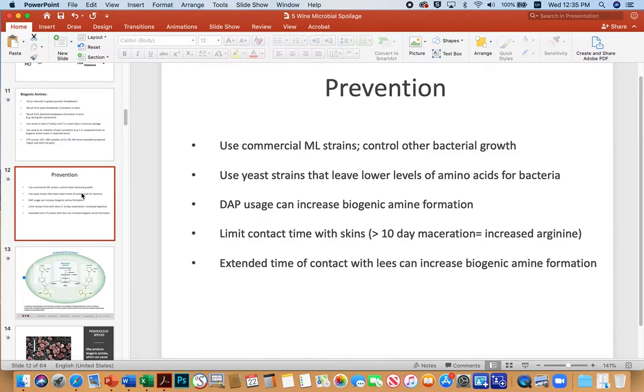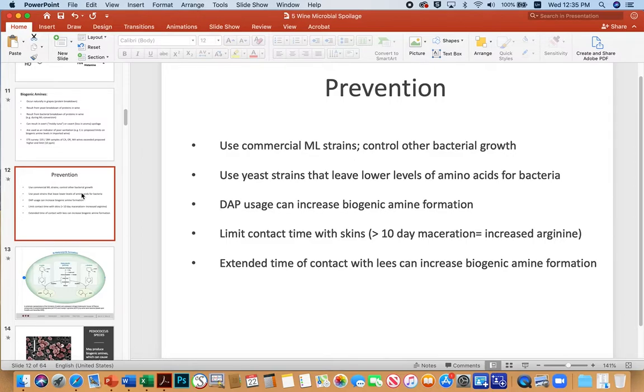Certainly, limiting contact time with skins is a big one as well. A lot of people like to use an extended maceration. One of the things that it does is polymerize tannins and make these larger tannin molecules, because the larger tannins tend to be less bitter than smaller individual tannins. And so longer maceration makes a lot of sense.